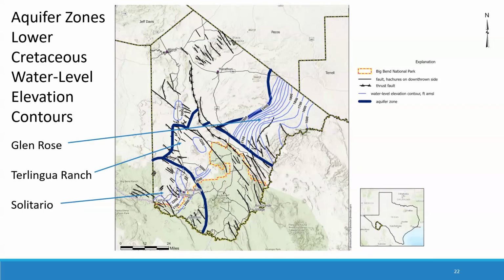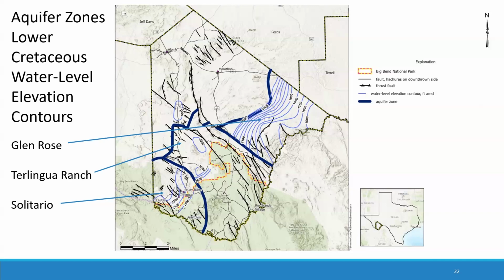Moving to the southwest in the park region and also up by Terlingua Ranch, I call this the Terlingua Ranch section, which may be more than one compartment itself, but it's a little more hit and miss there where you find St. Helena because of the structural complexities.